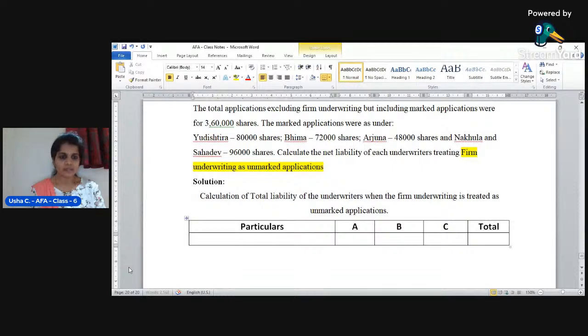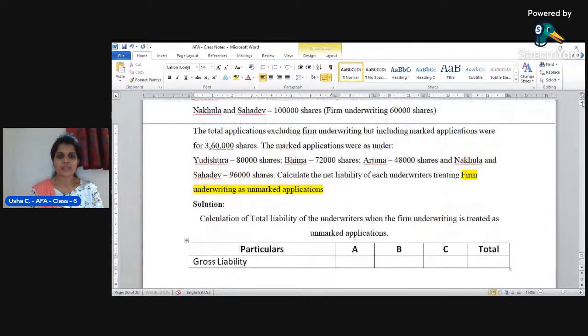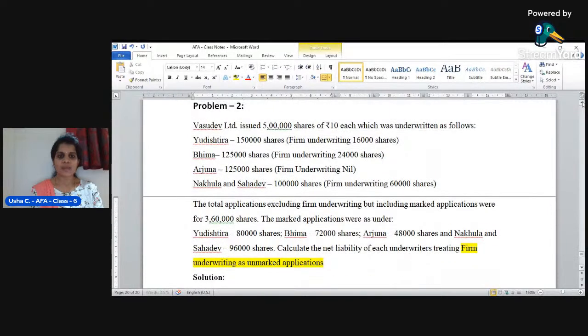The first one is gross liability. What is the gross liability of the underwriters? Here the gross liability, or number of shares subscription.